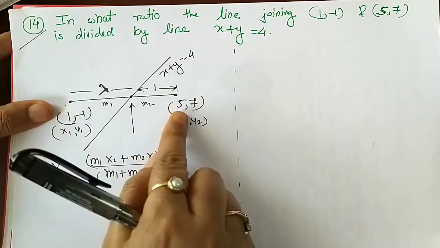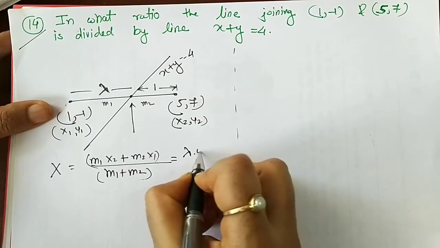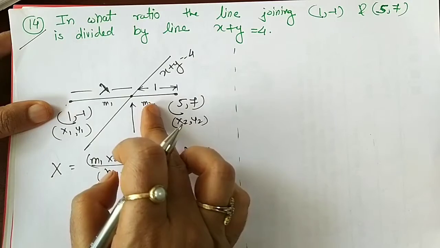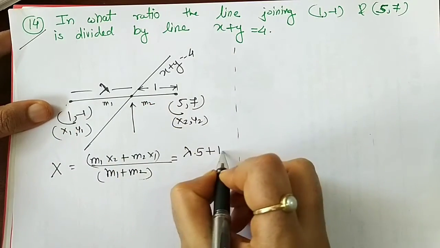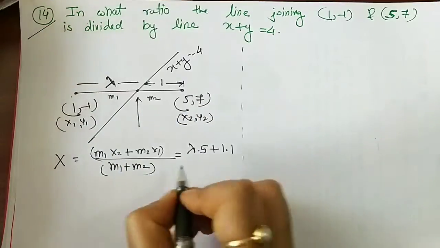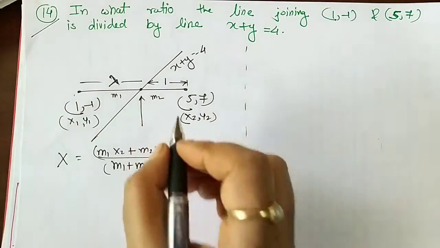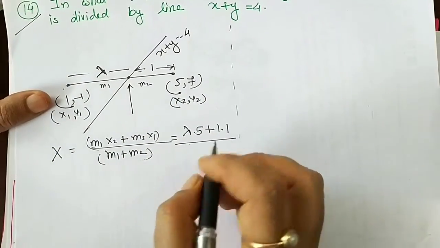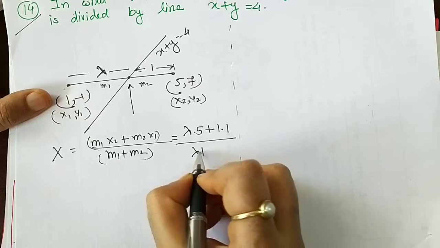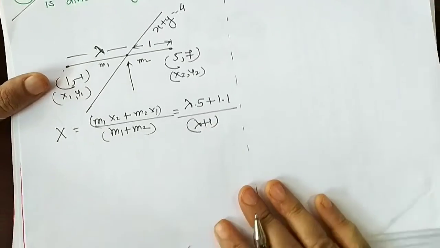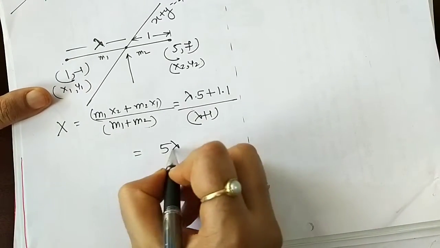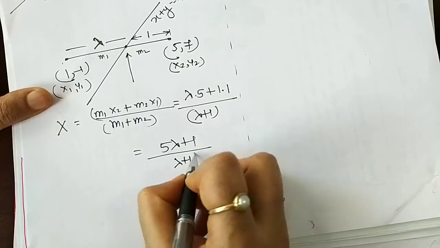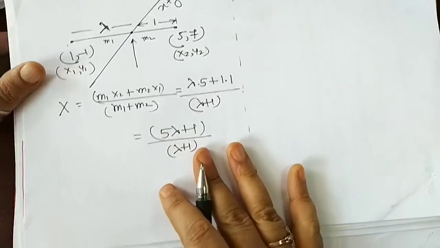So m1 x2, what is m1? Lambda times 5, plus m2 x1. So m2 is 1 and x1 is 1, by m1 plus m2, so this will be lambda plus 1. Okay, so what is this value? x is (5 lambda plus 1) by (lambda plus 1). Correct? I am just simplifying it.